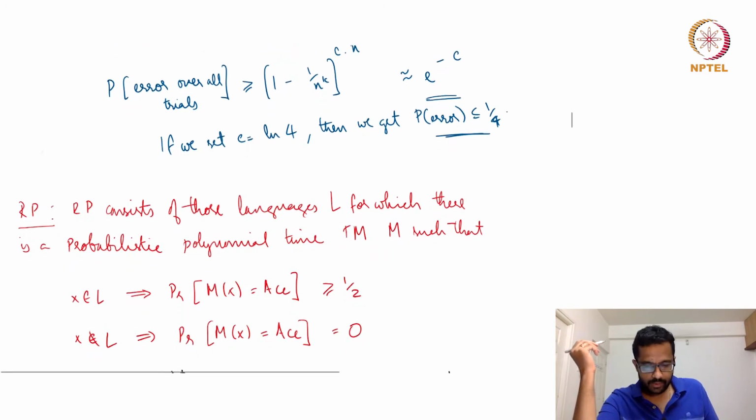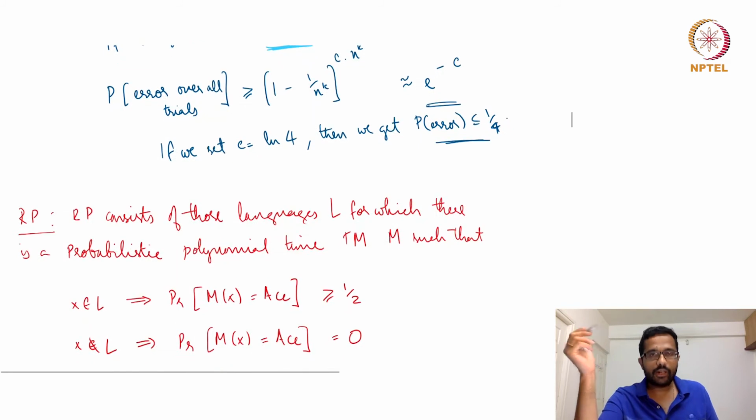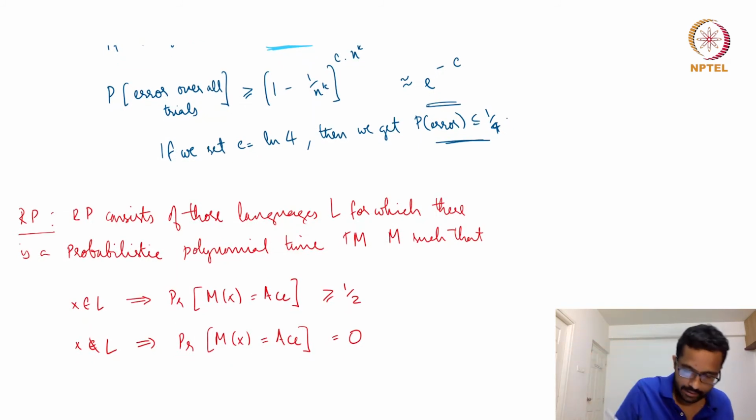So now this leads to one complexity class called RP. RP simply stands for randomized polynomial time.